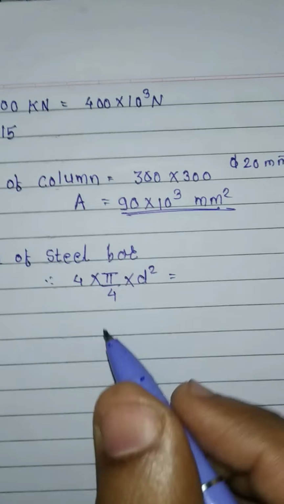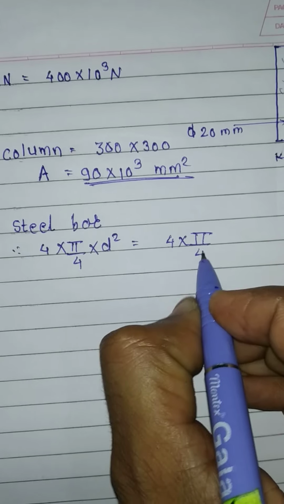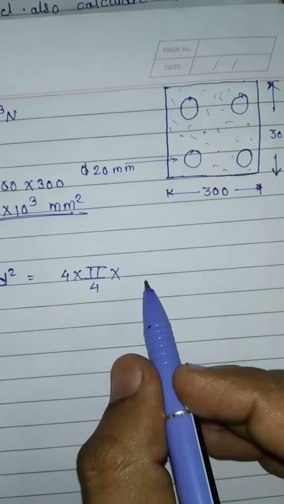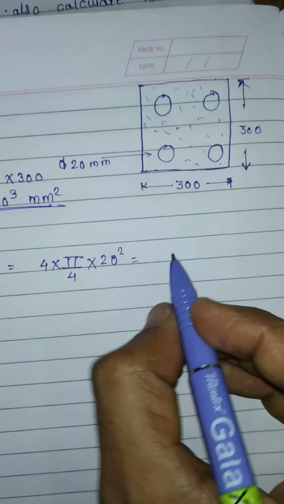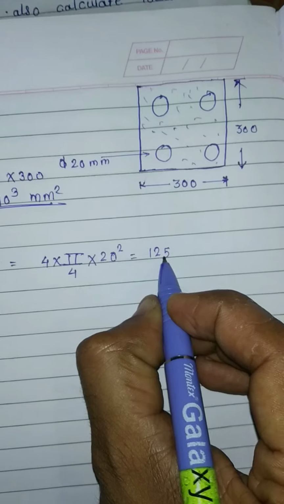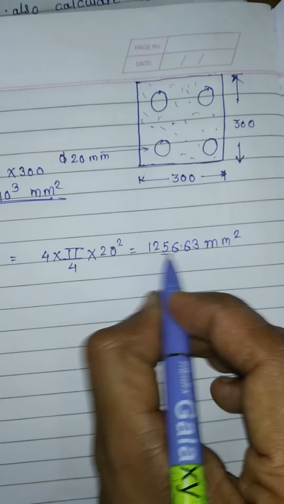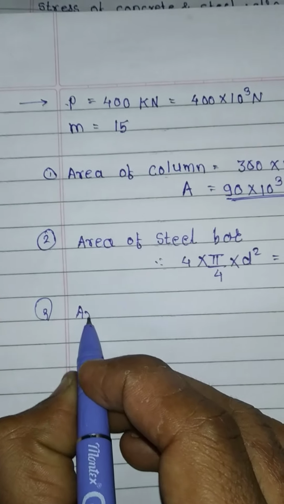We put this value: 4 into pi by 4 into d square, where the diameter of bar is 20 mm, that is 20 square. The answer is 1256.63 mm square.